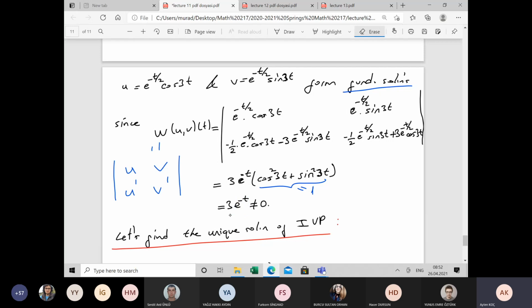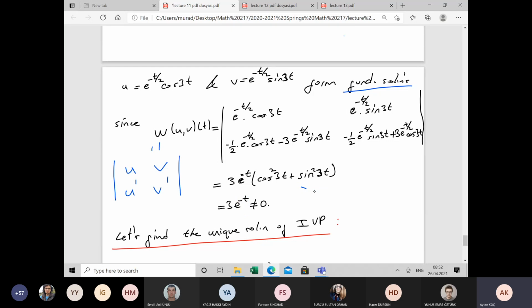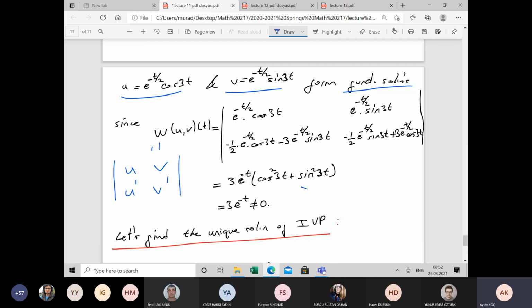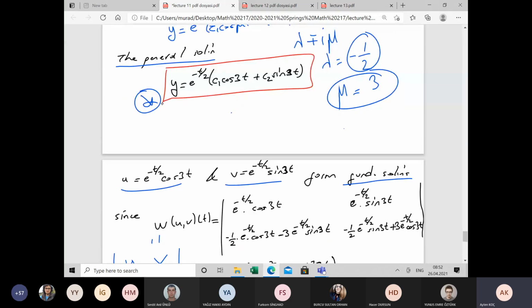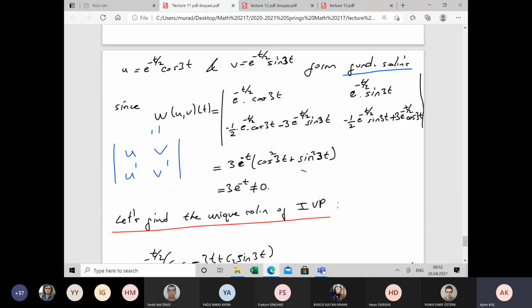So the Wronskian is not 0, which means these are fundamental solutions, and y is the general solution of our differential equation.